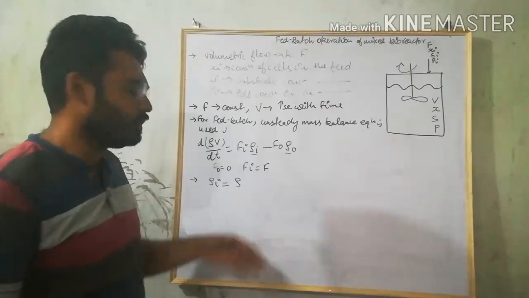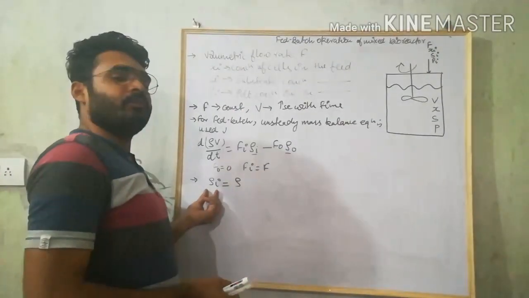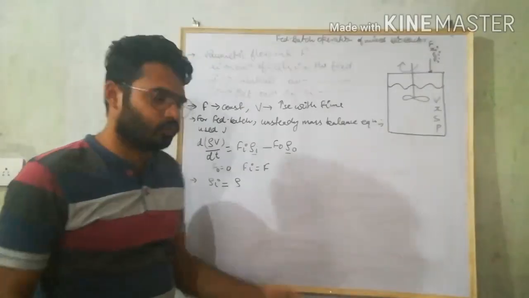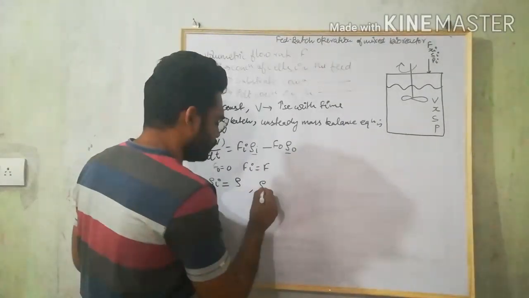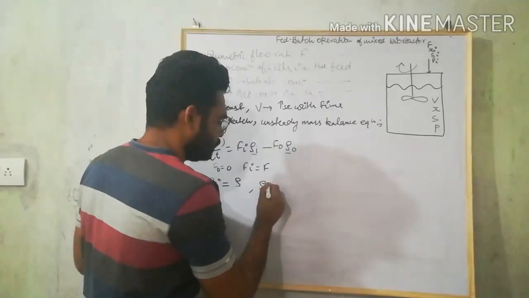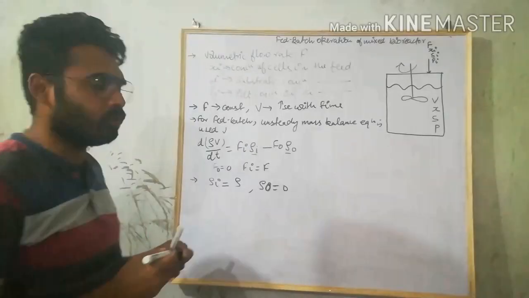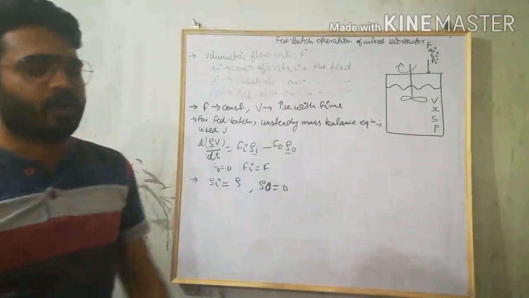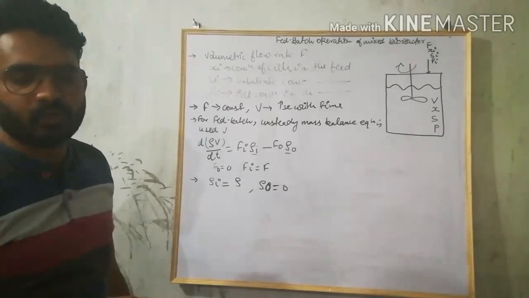So if density is constant, then the density of the input stream will be equal to rho, right? And rho O will be equal to 0. This is 0 because again there is no output stream, so the density of the output stream will be equal to 0.